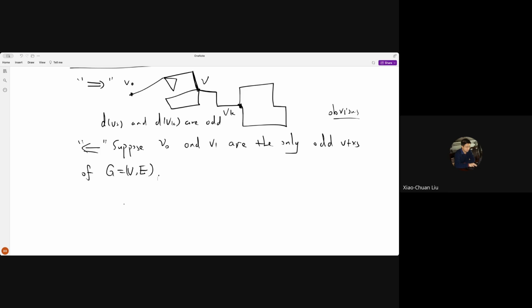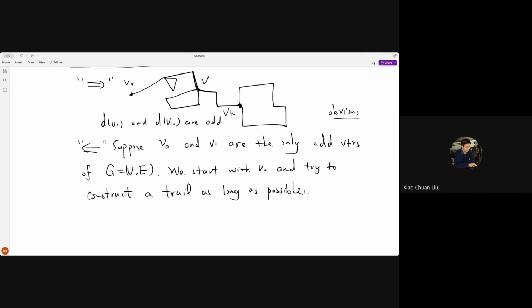It's not the complete proof. So let's say we start with V0 and try to construct a trial as long as possible.